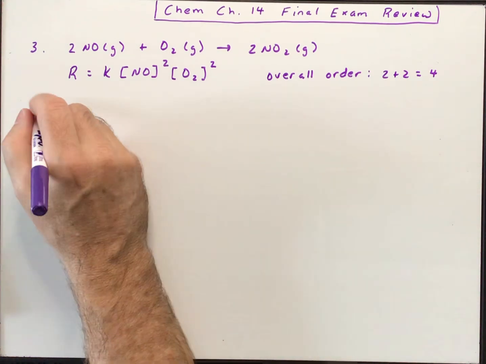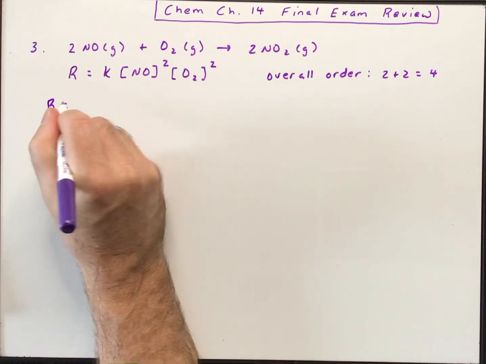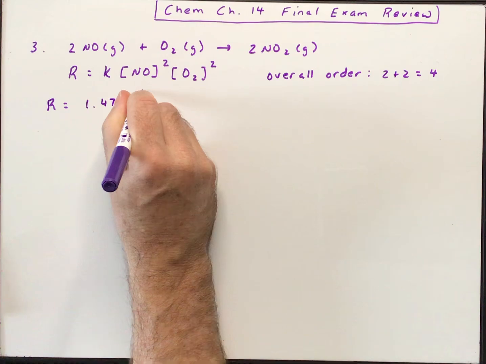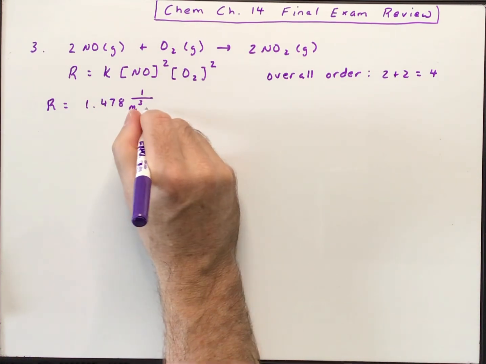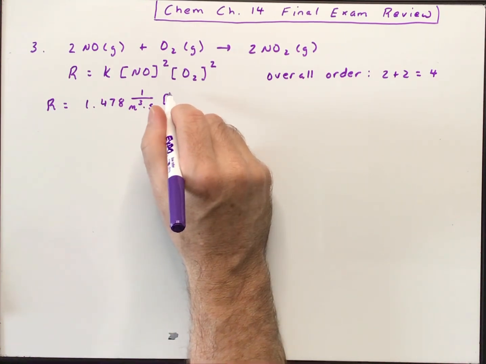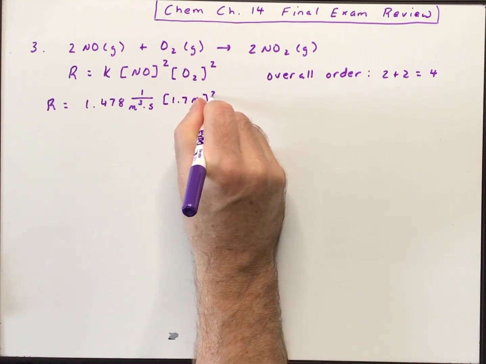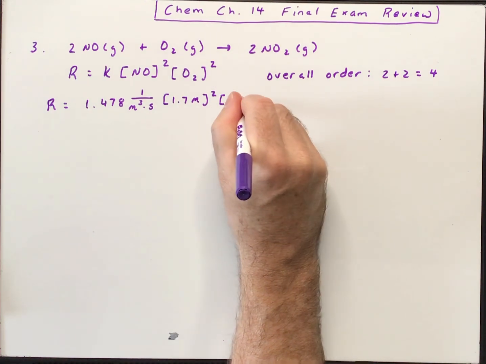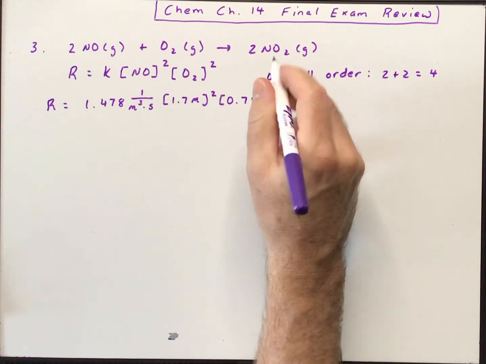Okay, and then we want to know what is the rate for the numbers given. So that's a K of 1.478, 1 over molars cubed times seconds, times the concentration of 1.7 squared times the concentration of 0.78 squared.